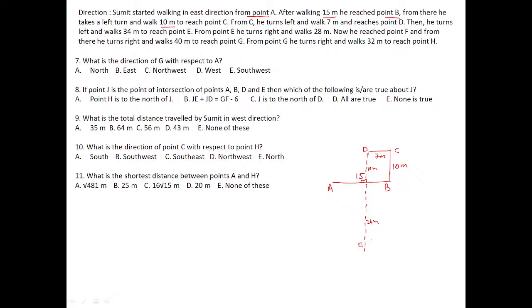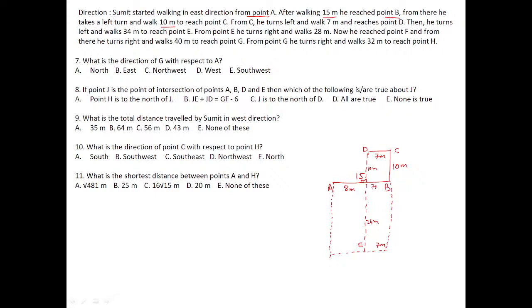Okay. From point E, he turns right and walks 28 meter. Okay, so to escape any kind of confusion, we just draw the dotted line here so that we can get a better visibility of all these lines here, right? So this is 7 meter, this is 7 meter, and this is 7, so this is 8 meter.